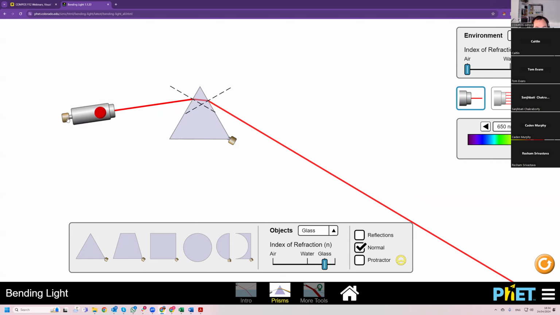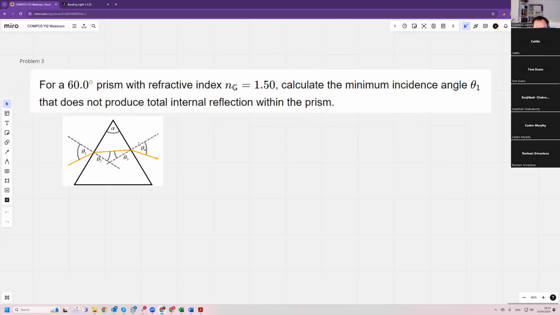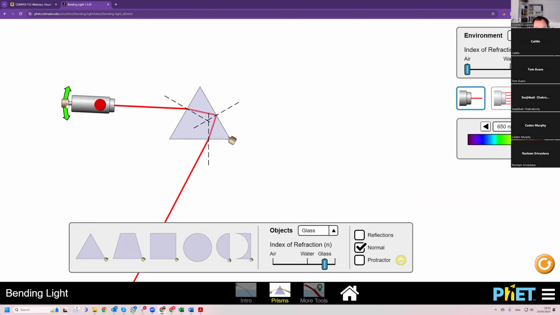Total internal reflection happens when the angle θ4, which is this angle, becomes 90 degrees. So right about here.